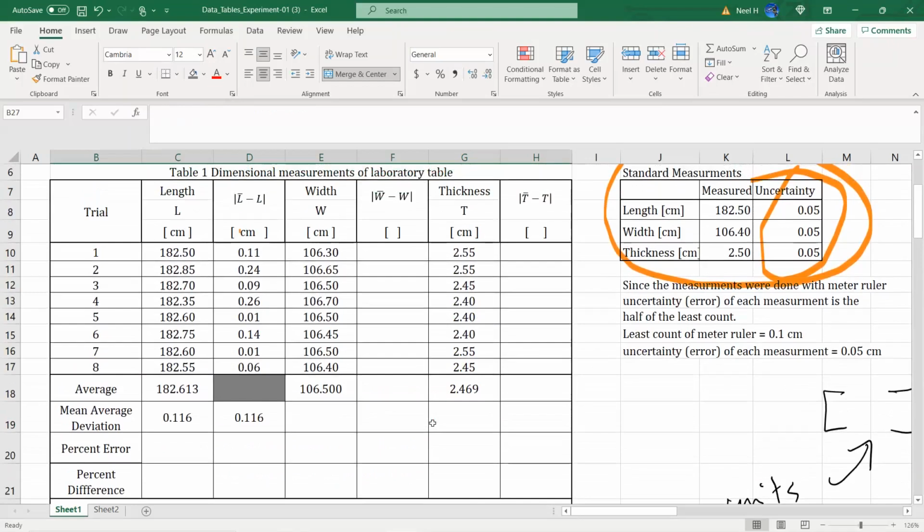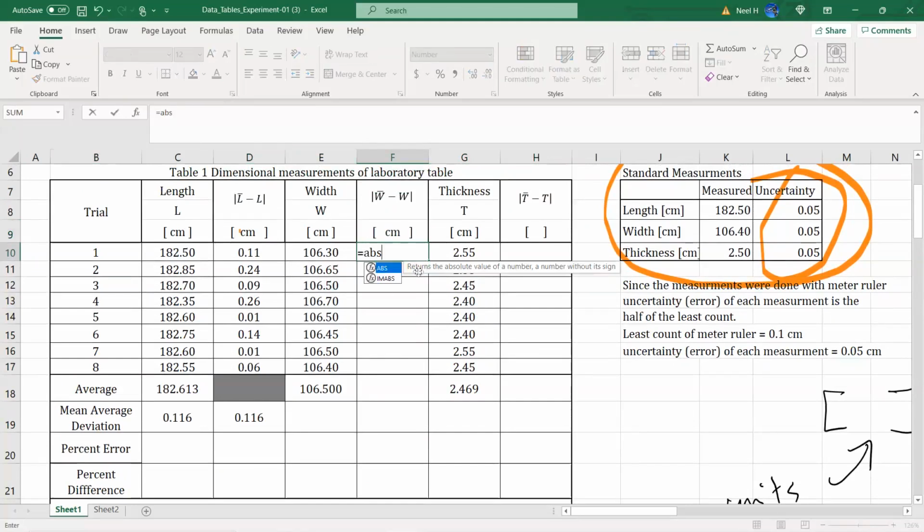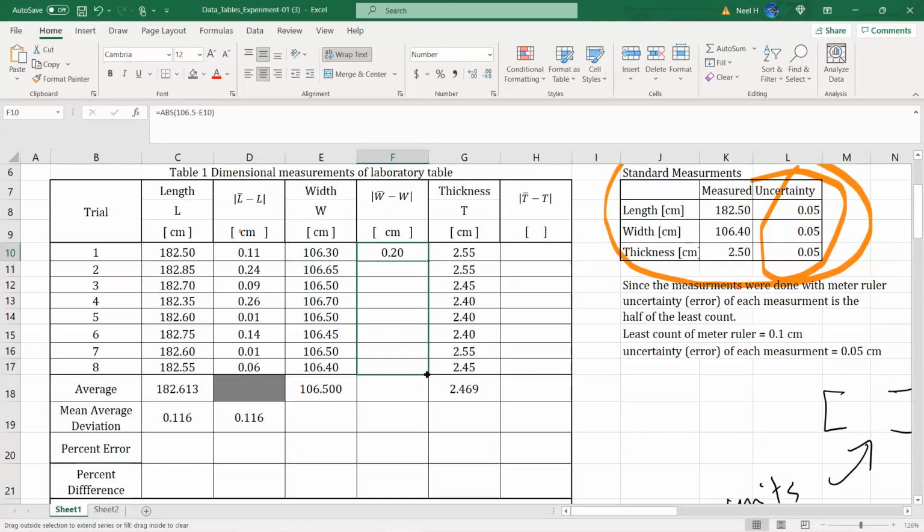All right, then you have to do the same thing for the width and the thickness. Okay, so let's complete that. Let's do this for the width, in centimeters, and then we need to type equal ABS, open brackets, width average, which I calculated as 106.5, minus the first one, F10, close bracket, hit enter, then click and drag.